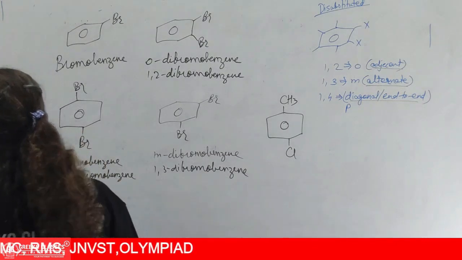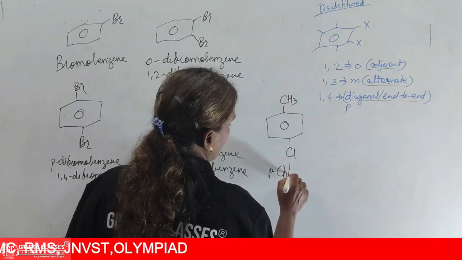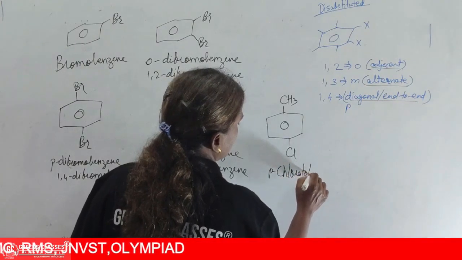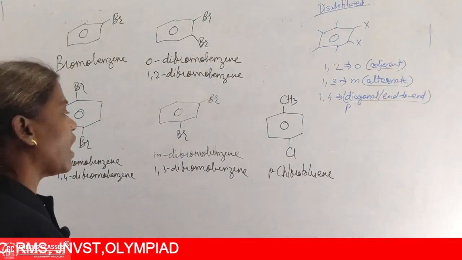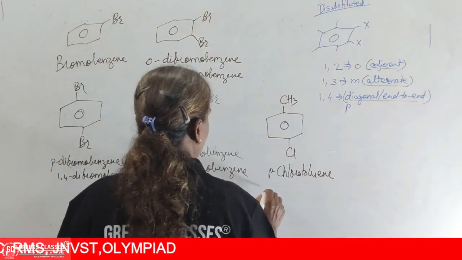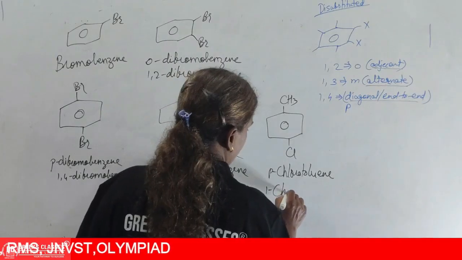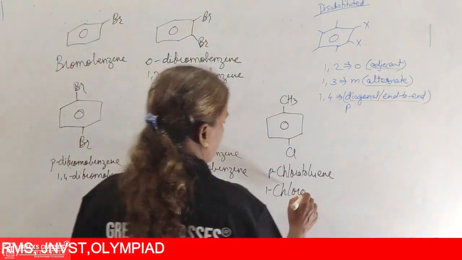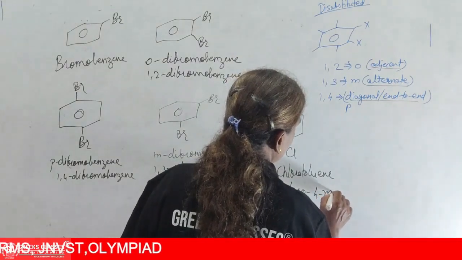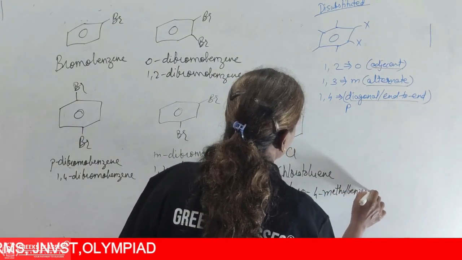So we can write this as para-chlorotoluene. This is the common nomenclature, but otherwise we can have 1-chloro-4-methylbenzene, since alphabetically C comes first.